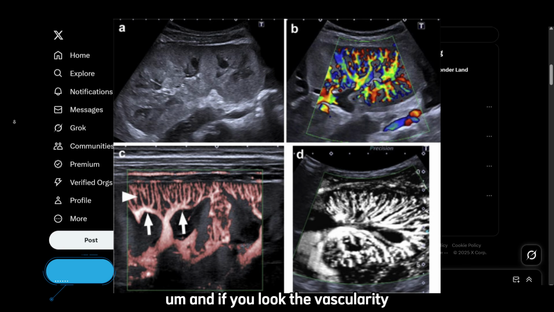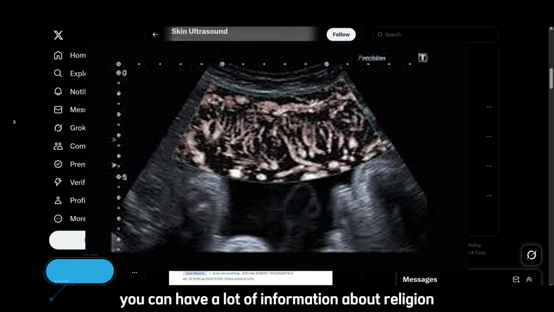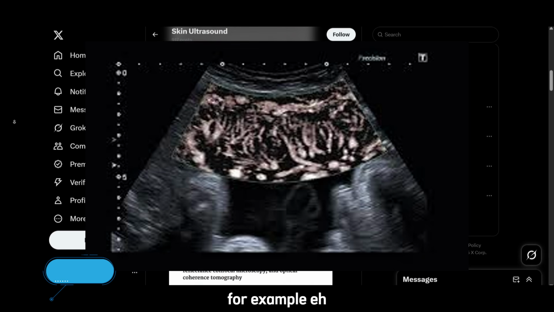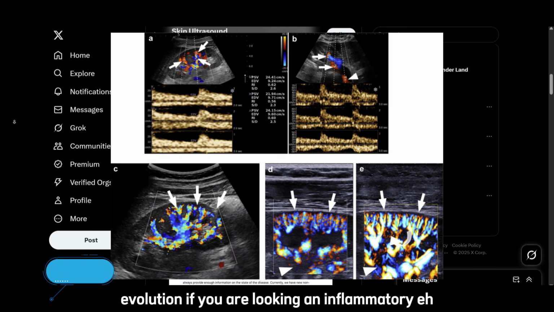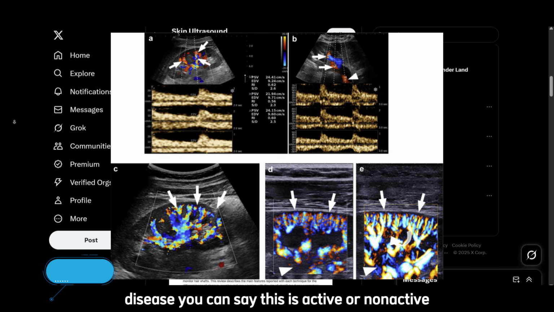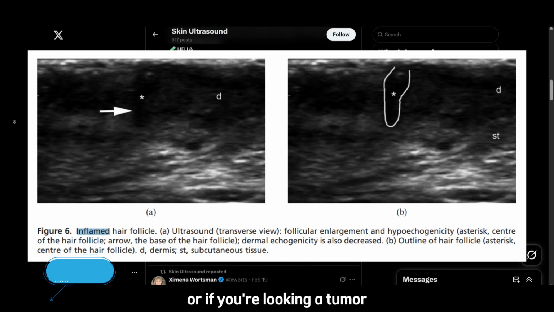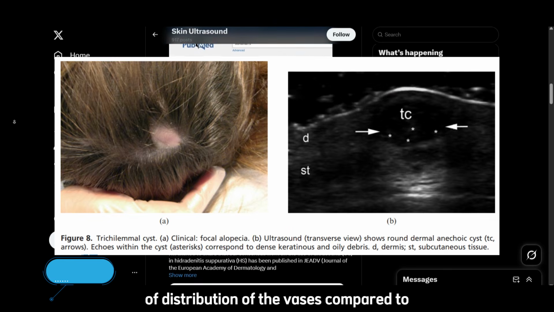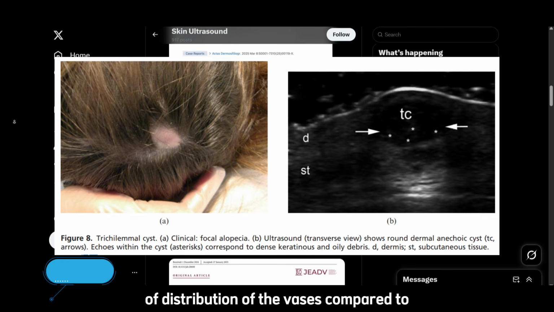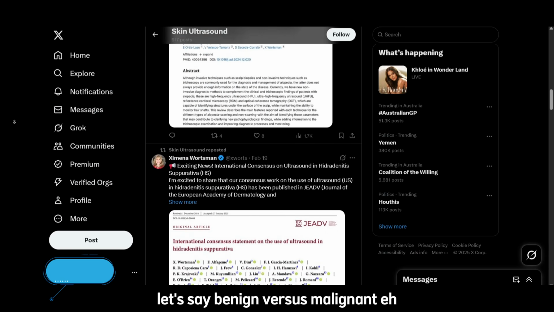And if you look at the vascularity, you can get a lot of information about a lesion because you can discriminate. For example, if you are looking at an inflammatory disease, you can say this is active or non-active. Or if you are looking at a tumor, you have a different pattern of distribution of the vessels, benign versus malignant.